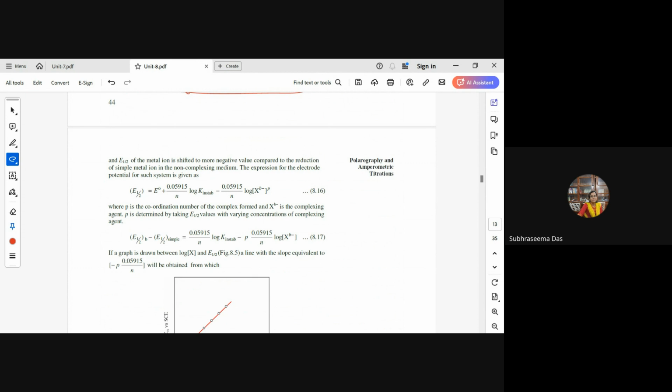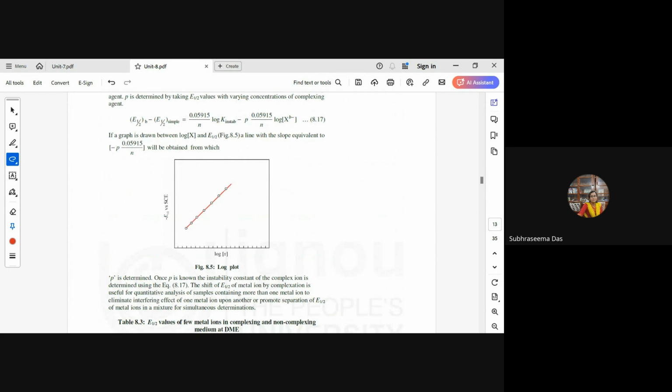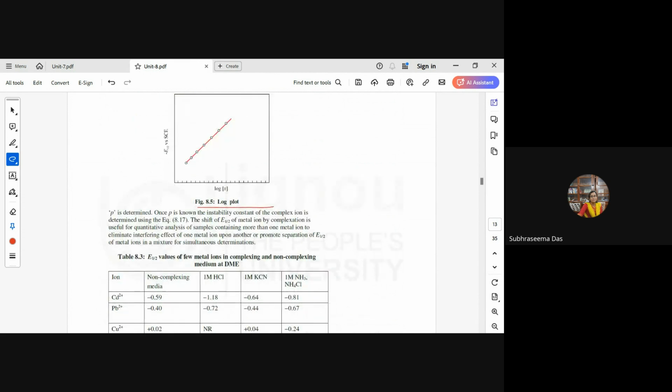The coordination number P is determined by taking the E half values with varying concentrations and plotting a graph as shown in figure 8.5. If we plot the graph of E half, a line with a slope equivalent to minus P times 0.0591 by n will be obtained, and from this plot we can find out the value of P, where P represents the coordination number of the complex.